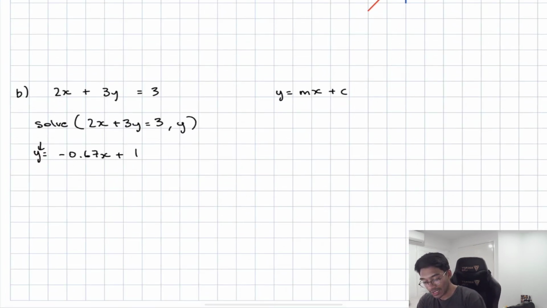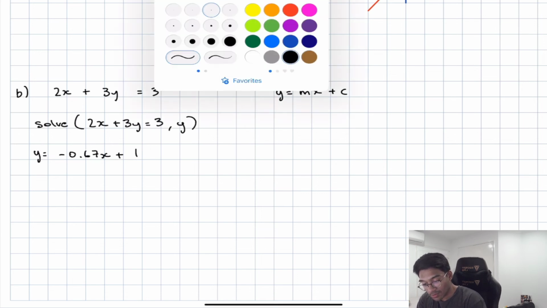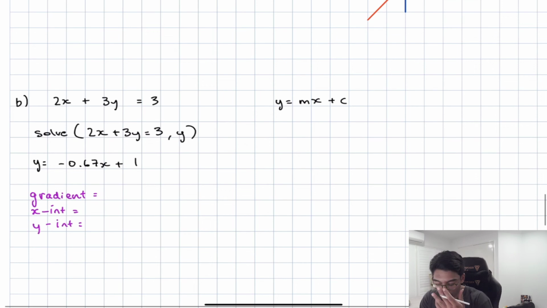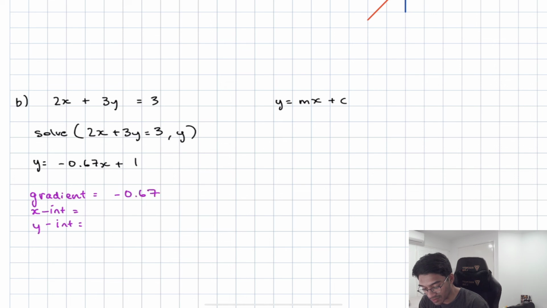I have my y, I have my m, I have my x, I have my c, so it's in the form that we want. Remember, we want three things before we graph: our gradient, our x-intercept, and our y-intercept. Our gradient is given by our m, which in this case is negative 0.67.